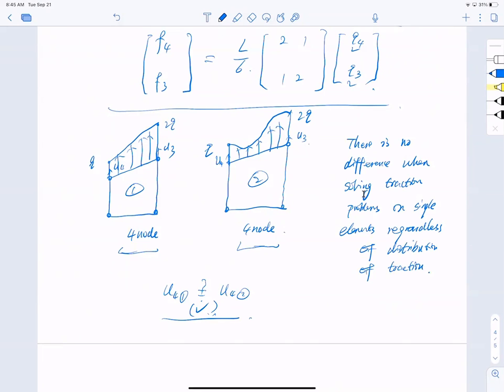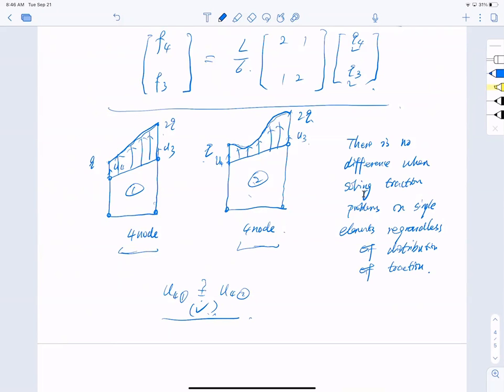Surprising, right? So Moin, I left the most difficult question to you. What if I want to show the difference between them two? What do I need to do? Right now I have the Q, 2Q, they're the same. But on element 1, I have a linear distribution. On element 2, I have a nonlinear distribution.